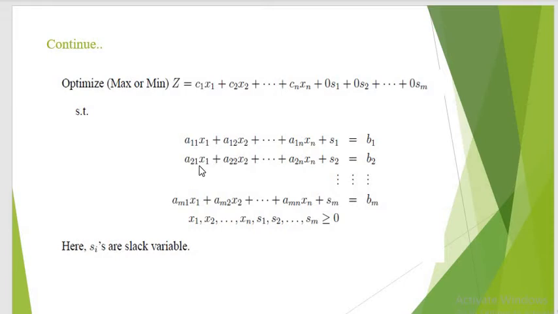Second, it becomes a21x1 plus a22x2 plus etc. plus a2nxn plus s2 equal to b2, etc. am1x1 plus am2x2 plus etc. amnxn plus sm equal to bm, where x1, x2, etc., xn, s1, s2, etc., sm are all greater than or equal to 0. Here the si's are known as slack variables.